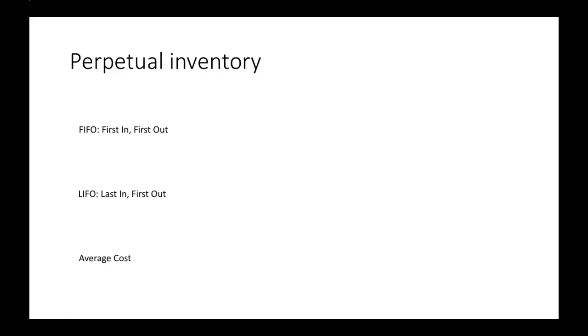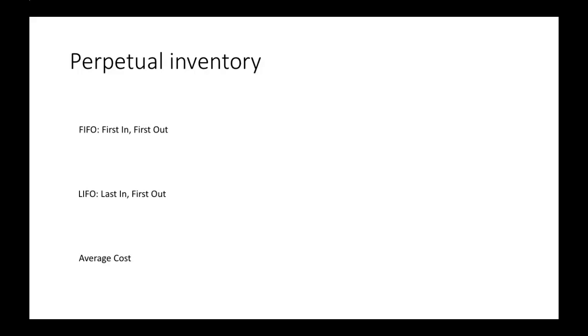Chapter 6 brought on perpetual inventory. Now, we don't have enough time to go through FIFO, LIFO, and average cost problems. But we do have time to talk about what all of these methods and cost flow assumptions mean, right? So FIFO, it's first in, first out, meaning the first inventory that you bring into the warehouse, those are the ones that you're pushing out first.